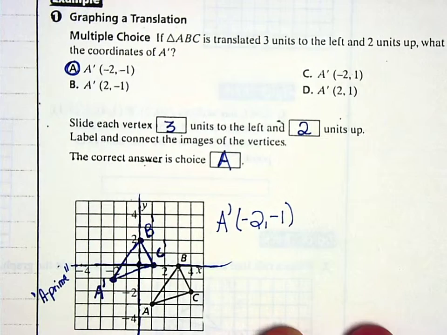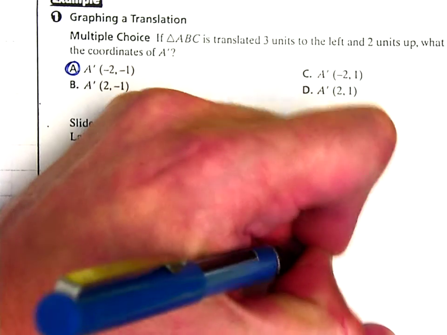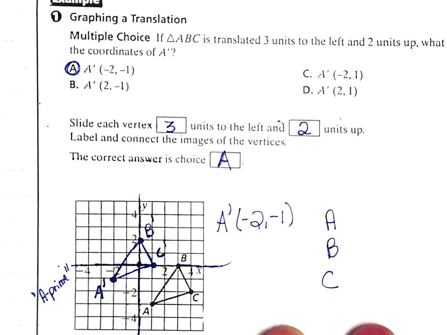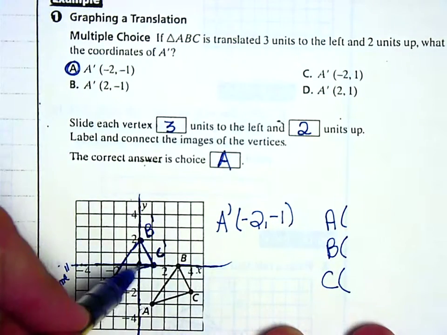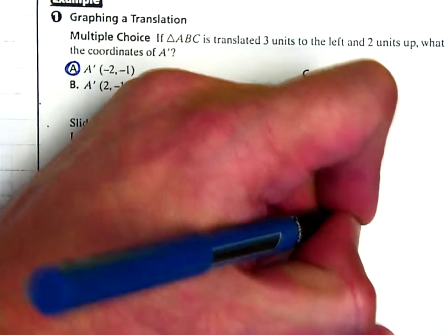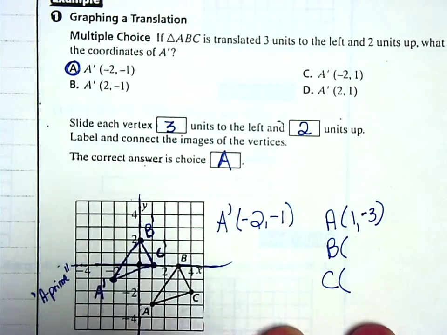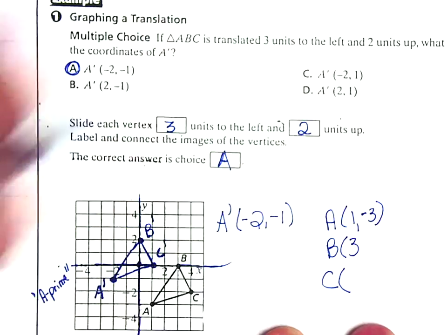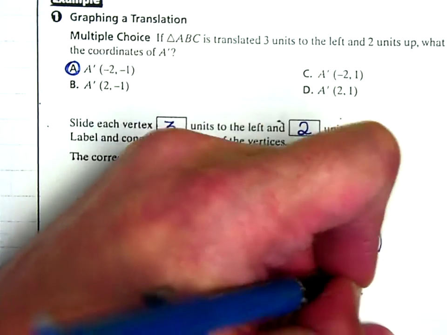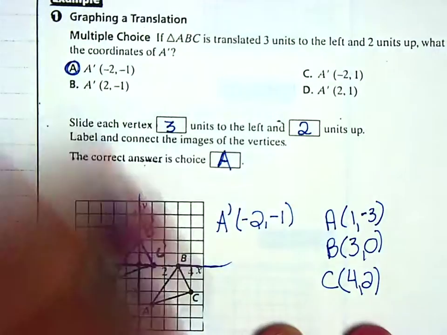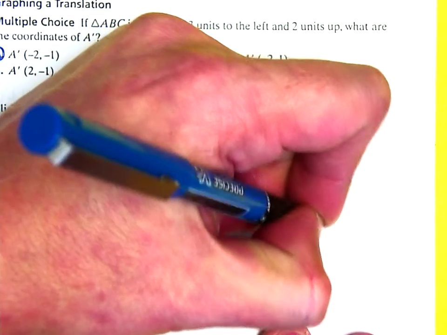So really quick, let's go ahead and discuss what we have. We had 3 points, points A, B, and C. Let's go ahead and write down those original points. A was at 1, -3. B is at 3, 0. C is at 4, -2. When we translated them, which means we slid them, we denote that with a little arrow.